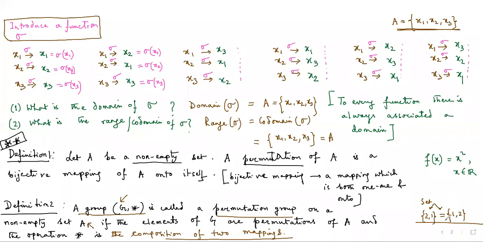If I consider the above example, how can I write my permutations? How can I define my permutation group? In the definition of permutation group, first of all, you have to set the example of the set capital A on which the permutation will be defined. So if A is there, define the permutation sigma from A to A. And the permutations which we obtain over here, we are considering all these permutations inside a set.